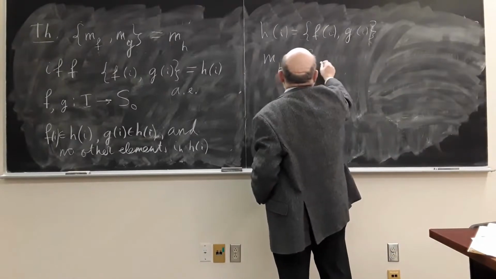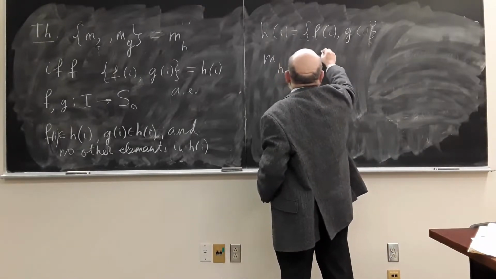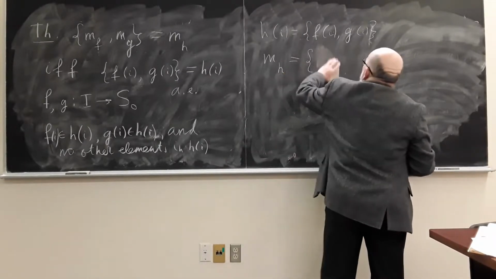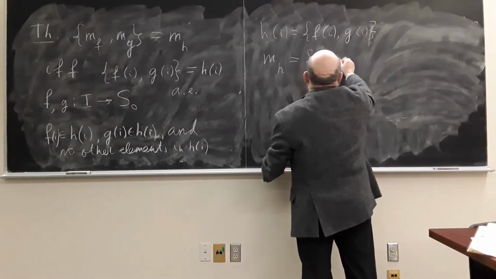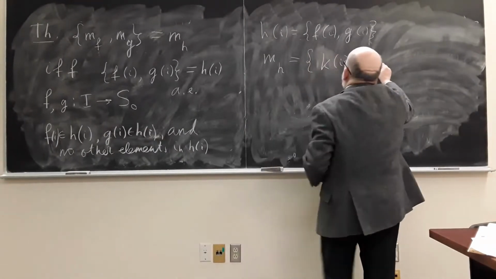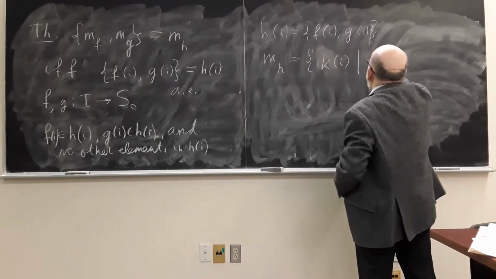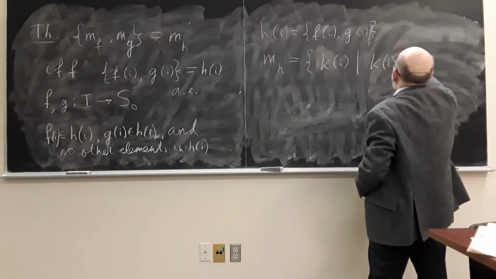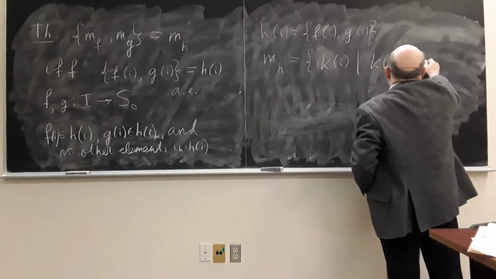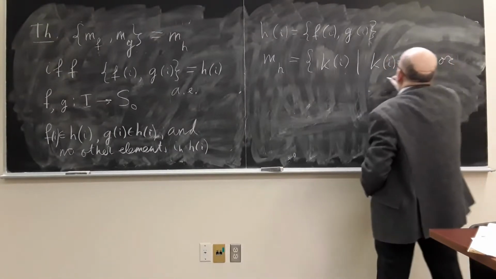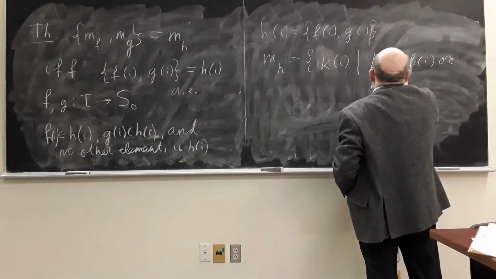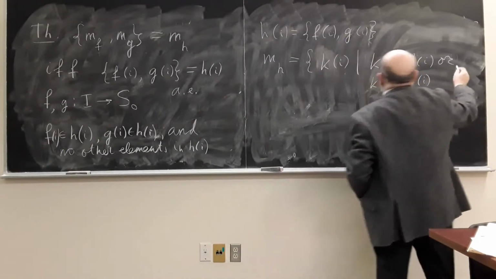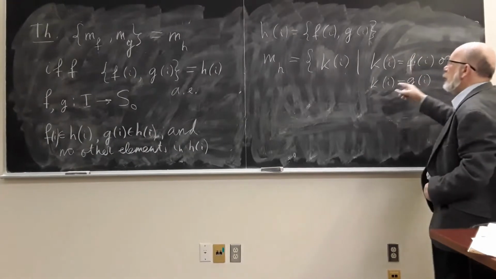In the set of functions, say, k(i), such that k(i) equals f(i), or k(i) equals g(i). So just one of two.